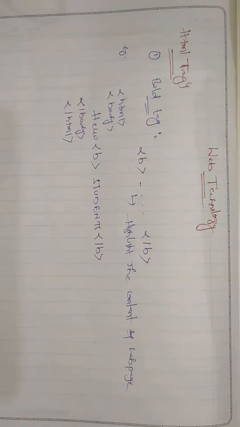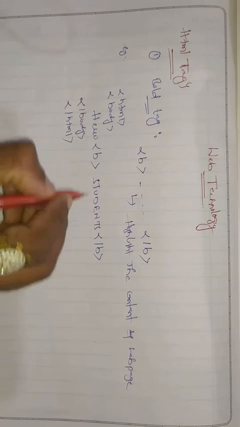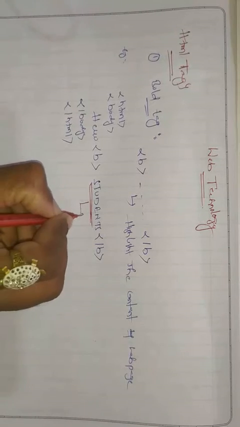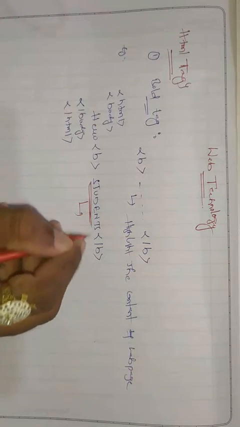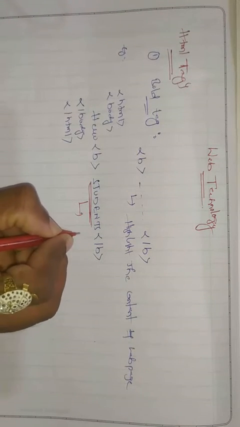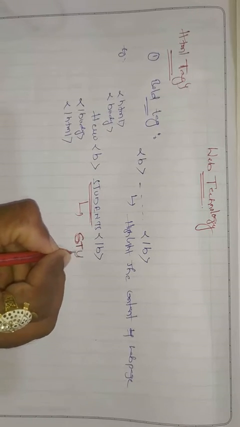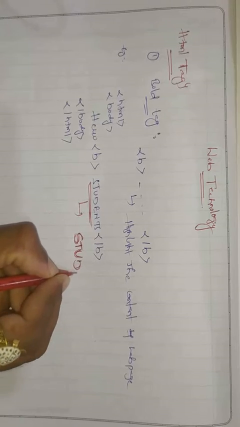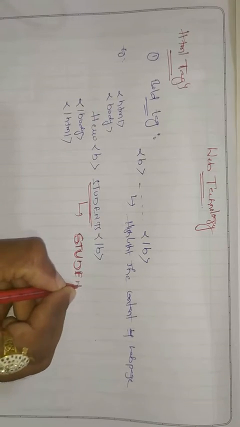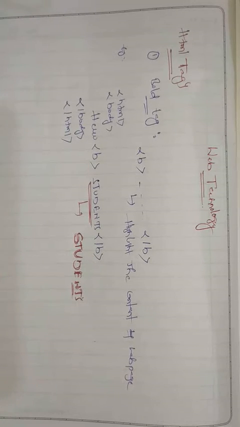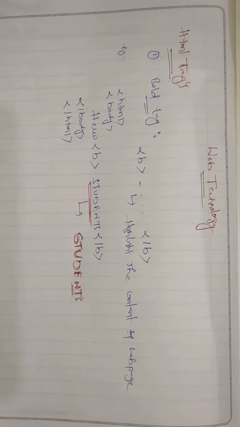And here is the output: between the bold tags, the word students, which would be normal text, is highlighted in bold, like this. The bold tag is used to highlight a particular word.